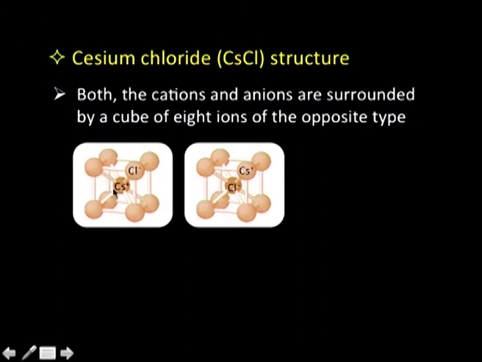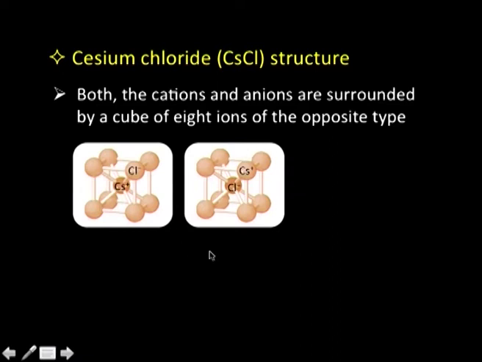What you have is a cesium ion here and there are 8 neighbors to that, which are on the corners of the simple cube. But the important thing here is that both the cation and the anions are surrounded by a cube of 8 ions of opposite type. As I said, we have a cesium ion here surrounded by 8 chloride ions. Similarly, each chloride ion will be surrounded by 8 cesium ions.